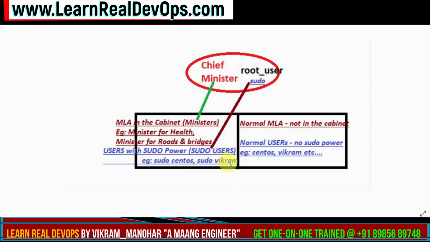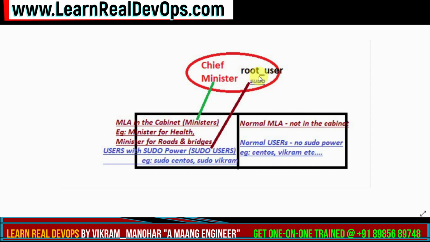The same way Vikram can also do almost all major activities a root user can do, because at the end the root user's power called sudo is shared with the CentOS user and the Vikram user.